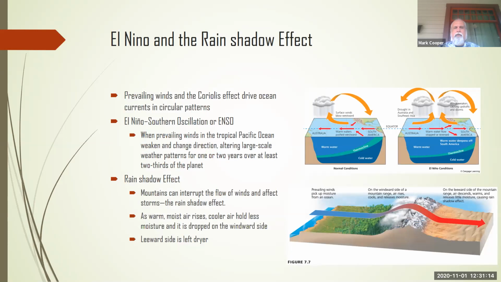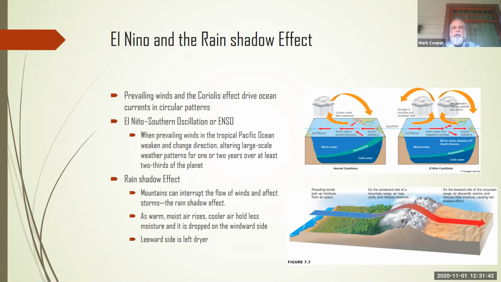So let's just talk about our local area. Prevailing winds and the Coriolis effect drive our ocean currents here. Most of the time we have the California current coming down from the north, but we do get what's called El Nino, also called the Southern Oscillation, where there are slight changes.